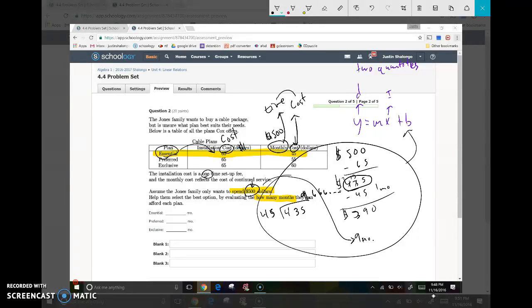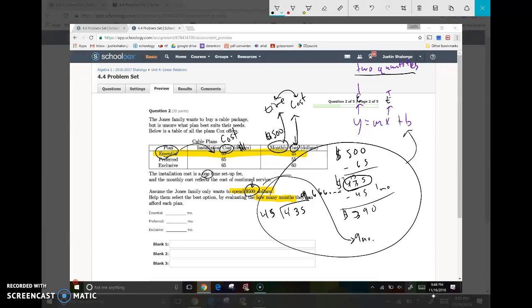So I've got my two quantities. Which of these two quantities depends on the other? Does the amount of time I have cable depend on the cost, or does the cost depend on the time? Well, the cable company charges me based on how many months I have cable, so the cost depends on the time. So I know that x represents time and that y represents cost.